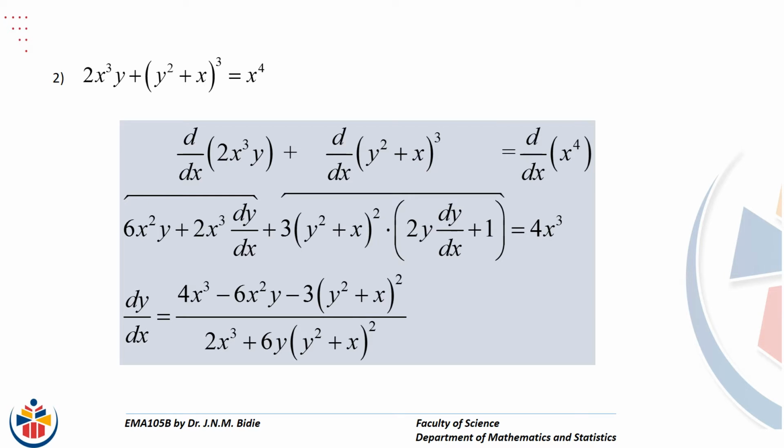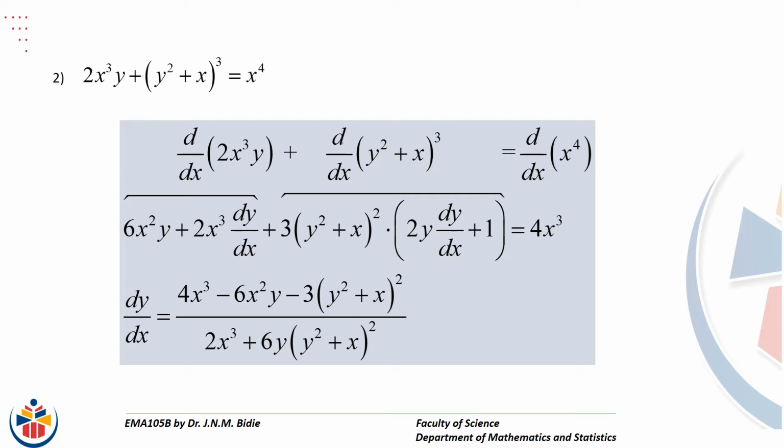Note that the second step shows you the terms that result from the derivatives of the first term and the second term. The first term yields 6x squared y because we have to implement the chain rule as well as the product rule.